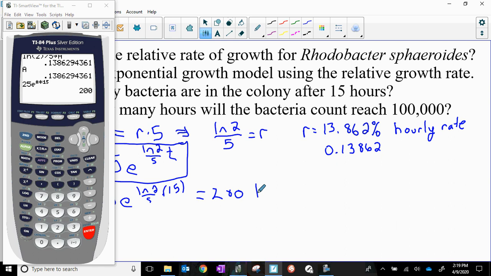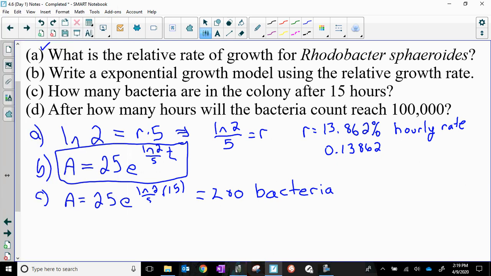So there's 200 bacteria. By the way, if for some reason you're going to a class in the future and they say, hey, you don't get a calculator, you could have evaluated this by hand. 15 divided by 5 is 3. And then you could take that 3 and put it as a power to the 2.